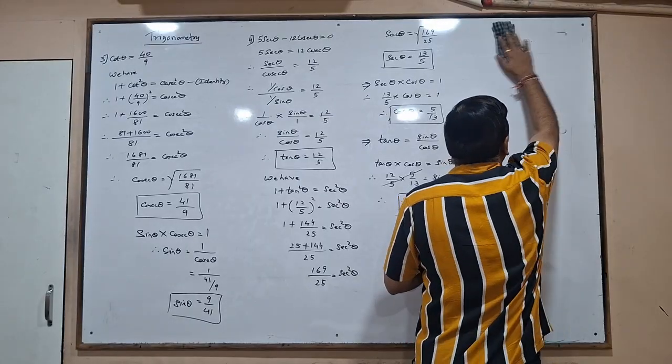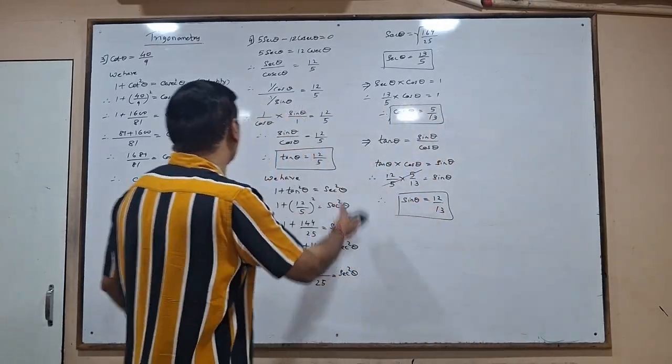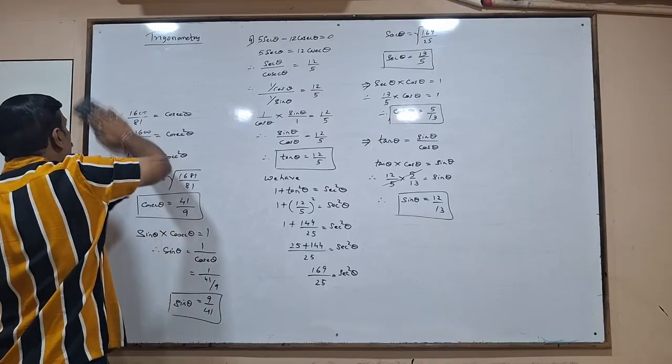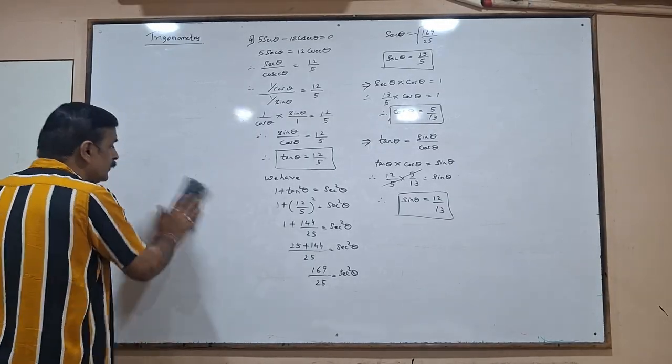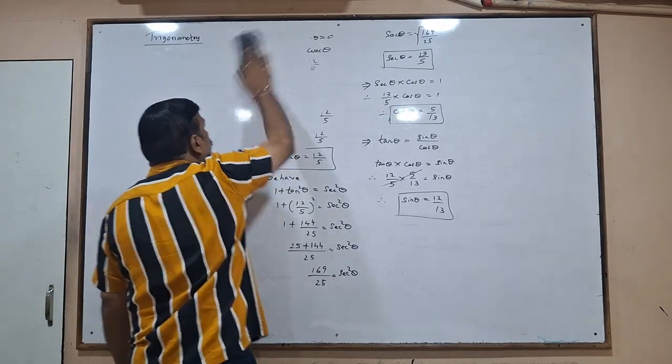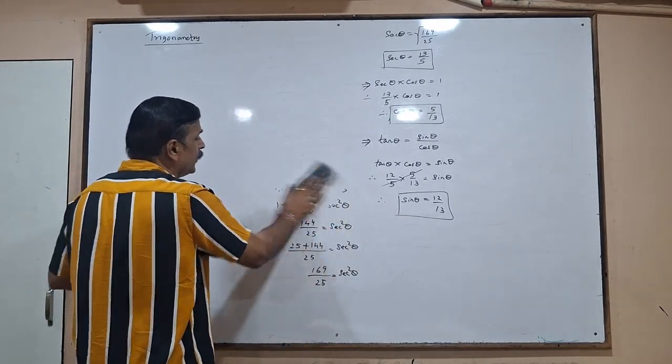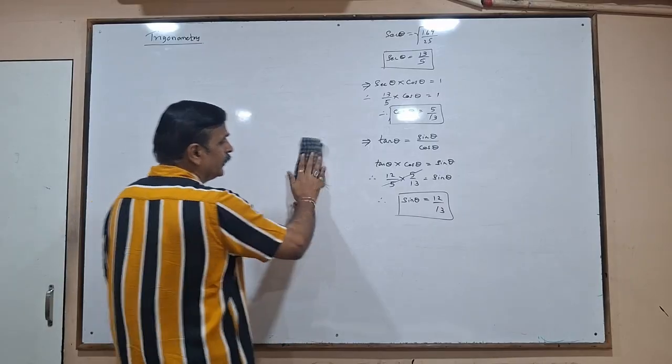Now, to move to the next part of this exercise, which is proving. For that, again, these identities, these formulas are required.